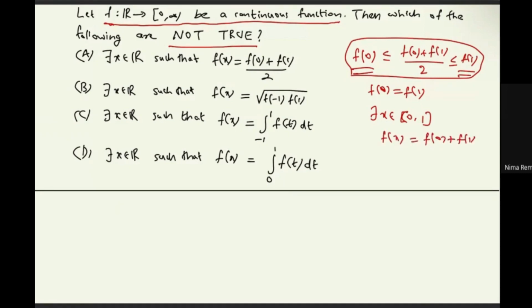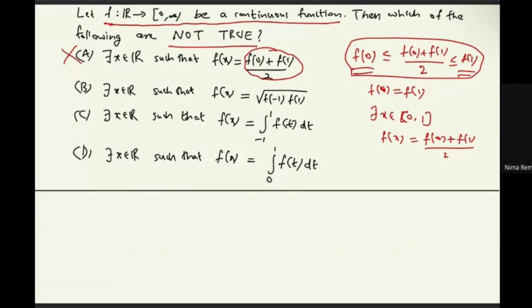That is by the intermediate value property. You should know the intermediate value theorem and the fact that this average lies between f of 0 and f of 1. That's what we are using. So this is a true statement, and it cannot be taken as an answer.